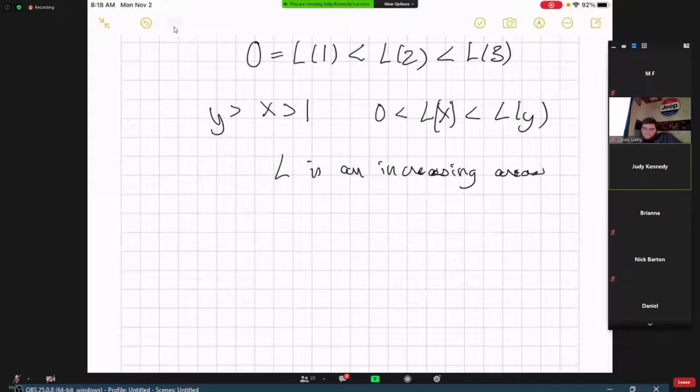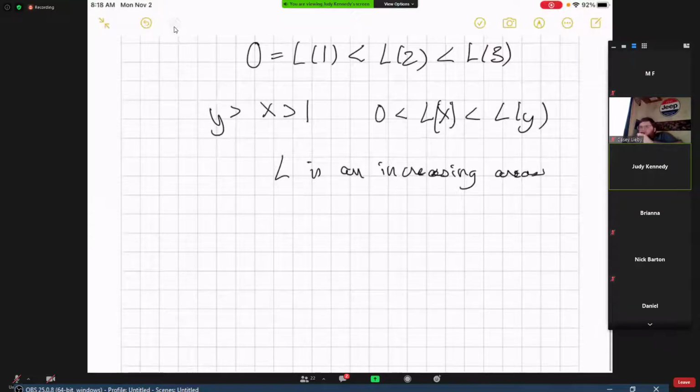So let's let g of x be the integral from 0 to x of secant of t dt.